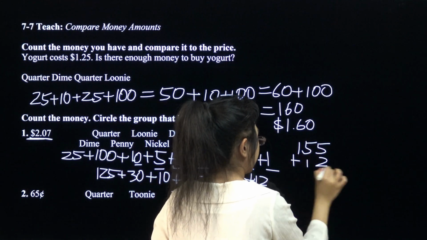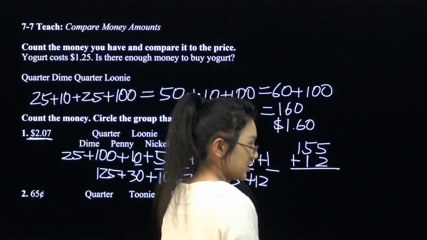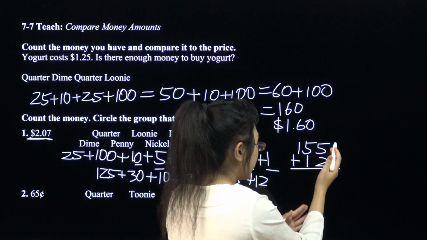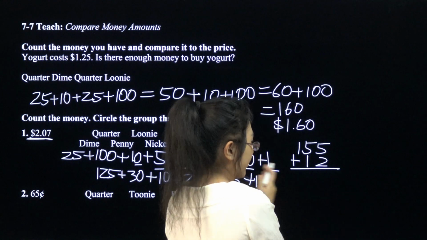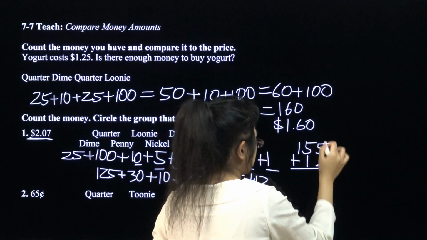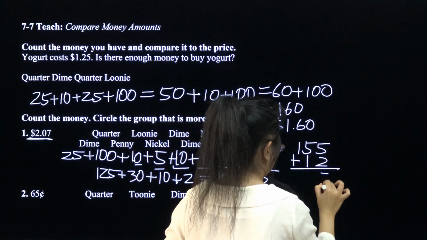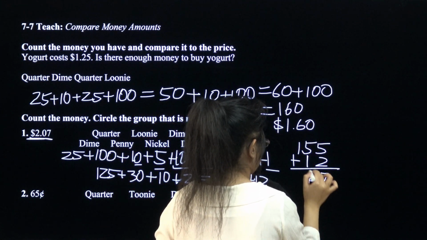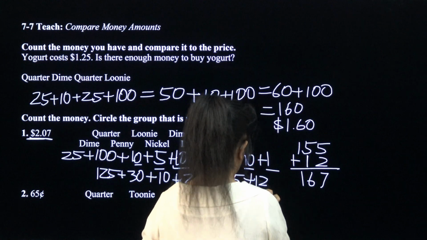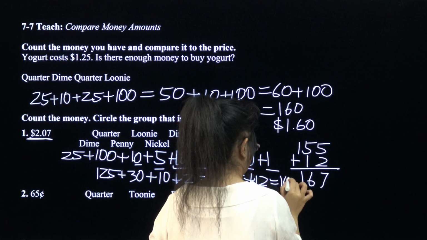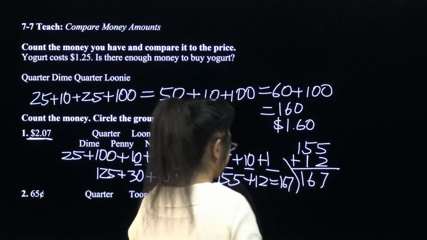I'm going to show you how to do this. This is more than 2 digits. You line up the ones digit and you line up everything else, and you just do it normally. Start from the right, move to the left. 5 plus 2, 7, 5 plus 1, 6, 1 plus nothingness, 1. And you get 167.